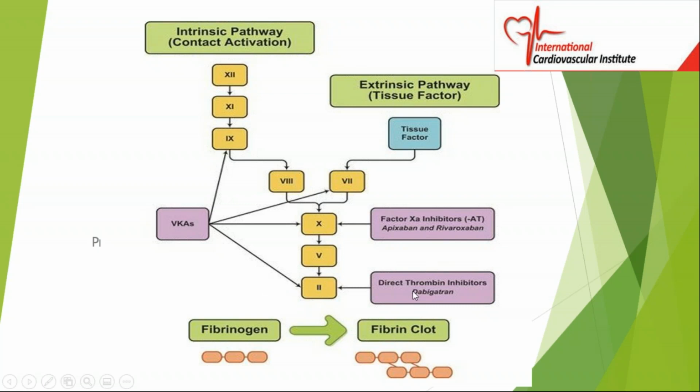So your dabigatran or Pradaxa inhibits factor 2, or it directly inhibits thrombin and prevents clot formation, fibrinogen going to fibrin clot. So this is just a simplistic diagram showing you where the different agents work. Okay, your warfarin, your factor 10 inhibitors, and your thrombin inhibitors.